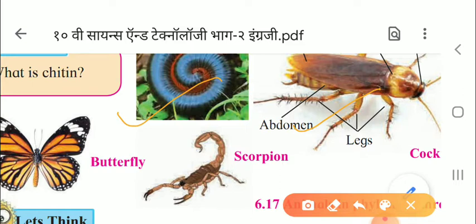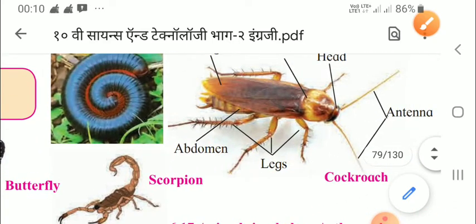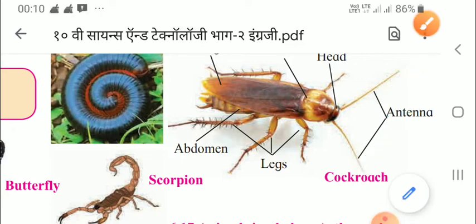Then here, children, you can see in cockroach two antennae are there. These are the antennae. These are meant for senses. That means they give the sense of the prey, sense of the enemy, etc. So this is all about the cockroach structure.